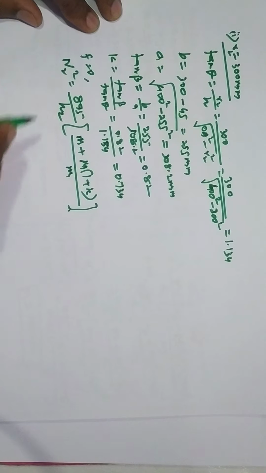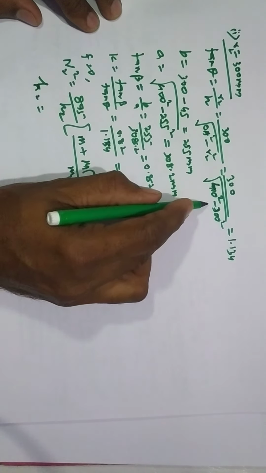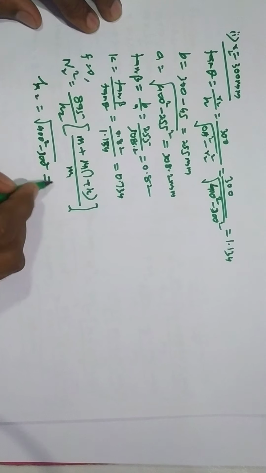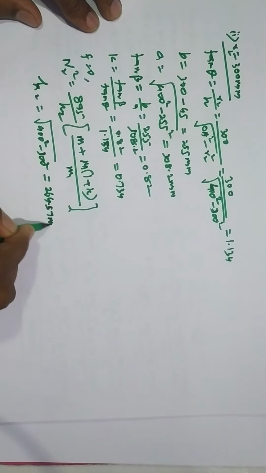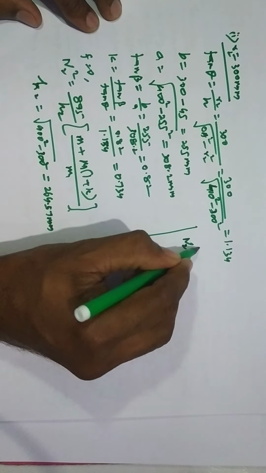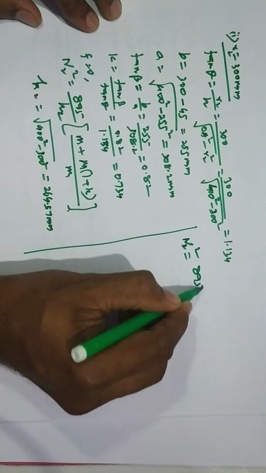Now find out the h2. This is the h2 equation: root of 400 square minus 300 square, so you are getting 264.57 mm.